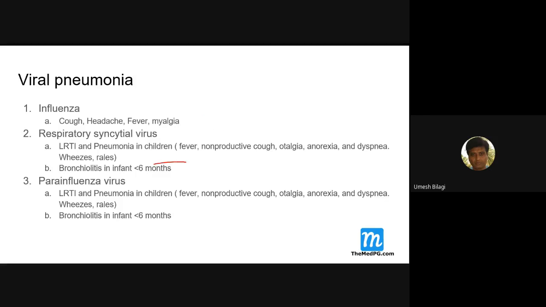Below 6 months it is bronchiolitis. Para-influenza virus is similar to this. Above 6 months it is pneumonia, LRTI. Below 6 months it is bronchiolitis. That's about the clinical features of viral pneumonia.